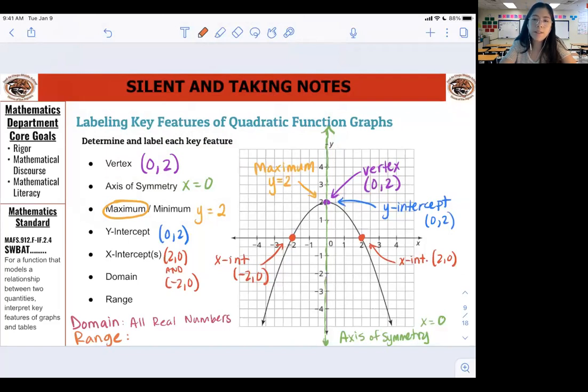How high up does it go? To the 2. How far down does it go? Infinite. Which infinity? Negative infinity. So from negative infinity to 2. The range is every number from negative infinity up till 2.